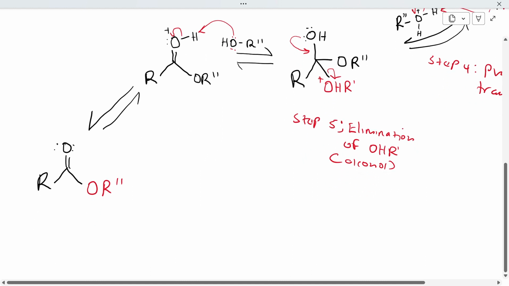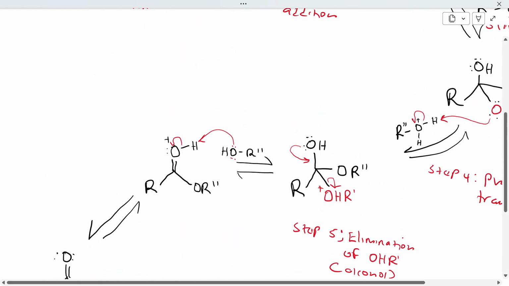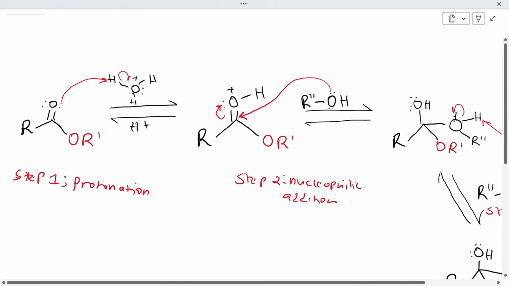So what do we say? This is my new ester that has undergone transesterification. So if we check very well in that reaction mechanism, we started with ester that had O R pi.